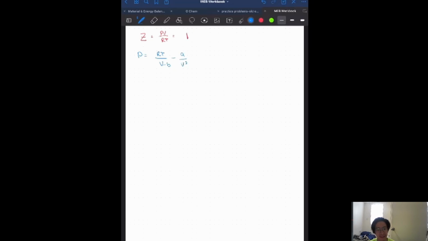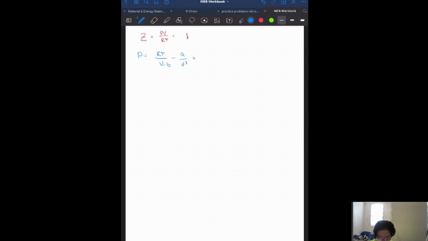And we're going to say that, okay, we are at critical temperature, critical pressure, and critical volume. Knowing that, we can also plug in A and B. So let's do that really quick. This equation will start to look messy, but you will see soon that it mathematically cancels out.